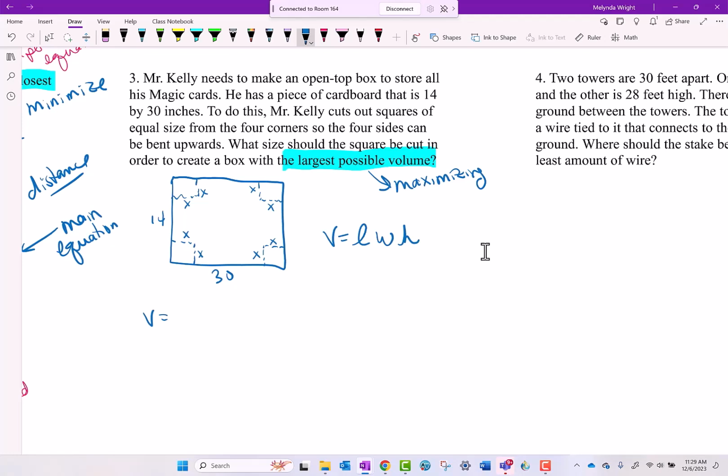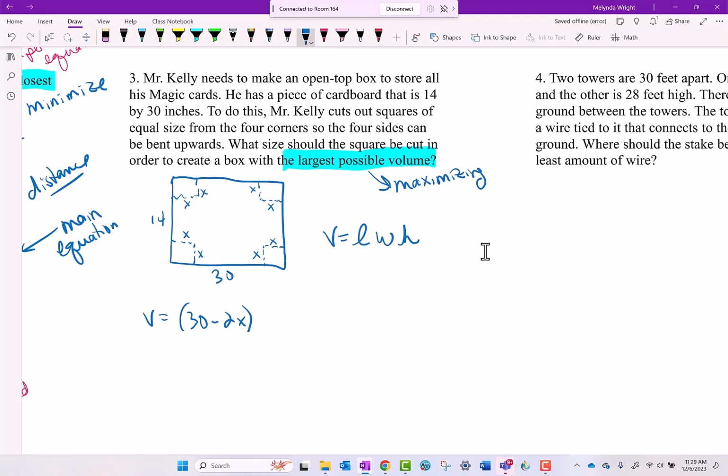I need something to represent this distance over here, which is not going to be actually 30. It's going to be 30 minus what? What would I take away from this side? 2x, exactly. This would be 30 minus 2x. That would be my length.